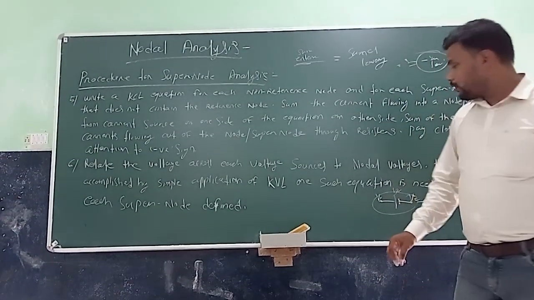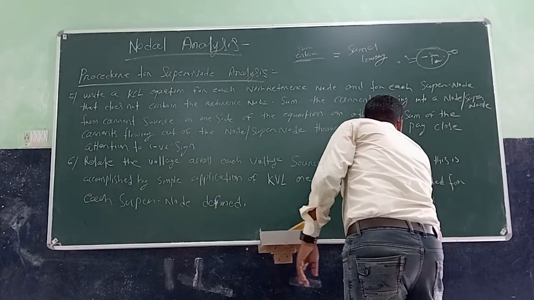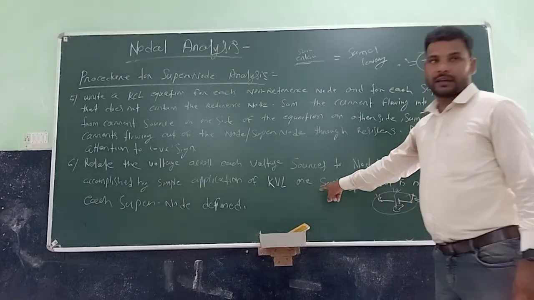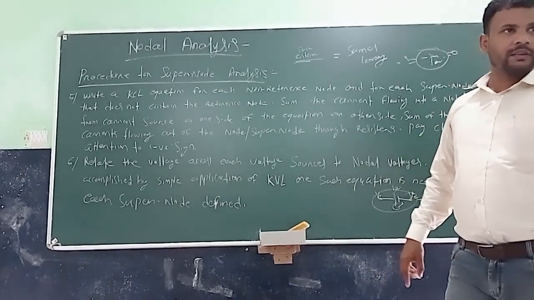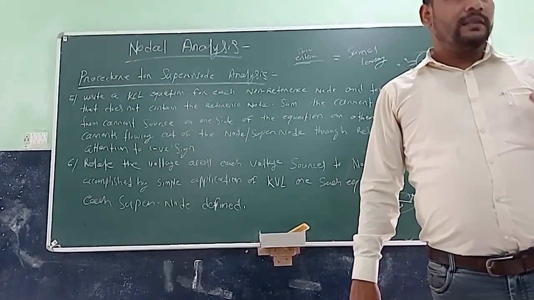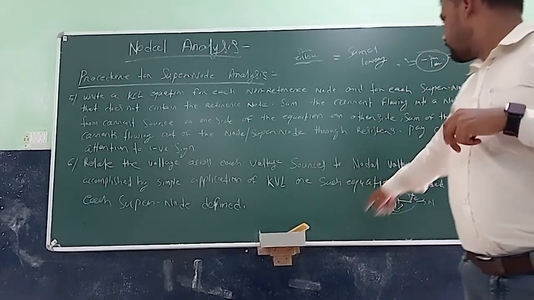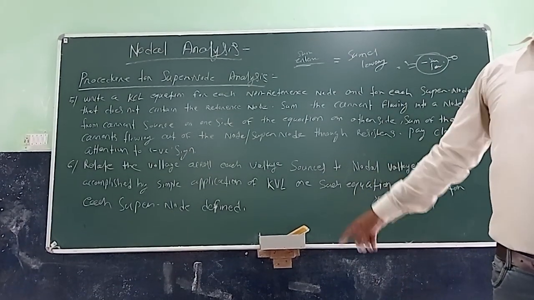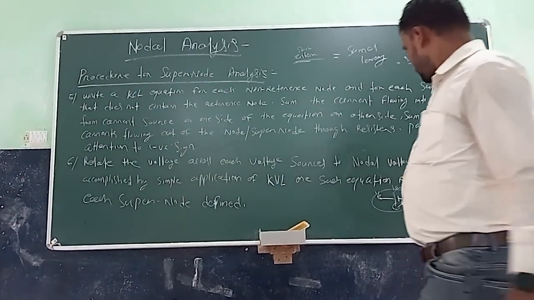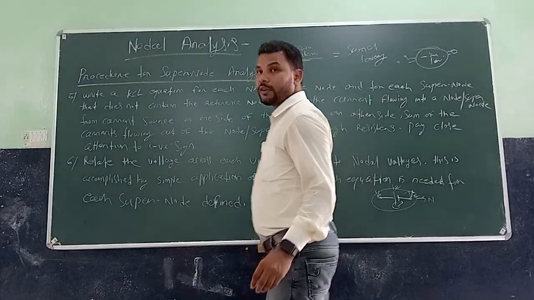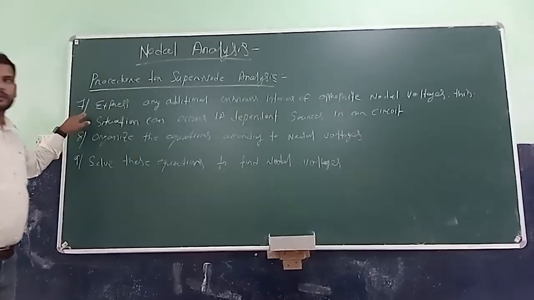We have to apply KVL here. After KVL, we find one equation. By nodal analysis, we already have an equation. We have two equations and two unknowns, V1 and V2. Simply, we have to solve these two equations to find V1 and V2.